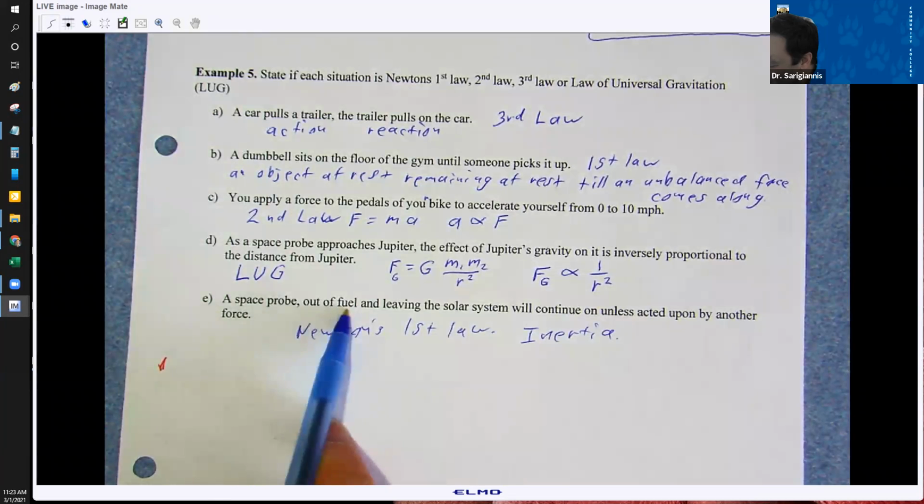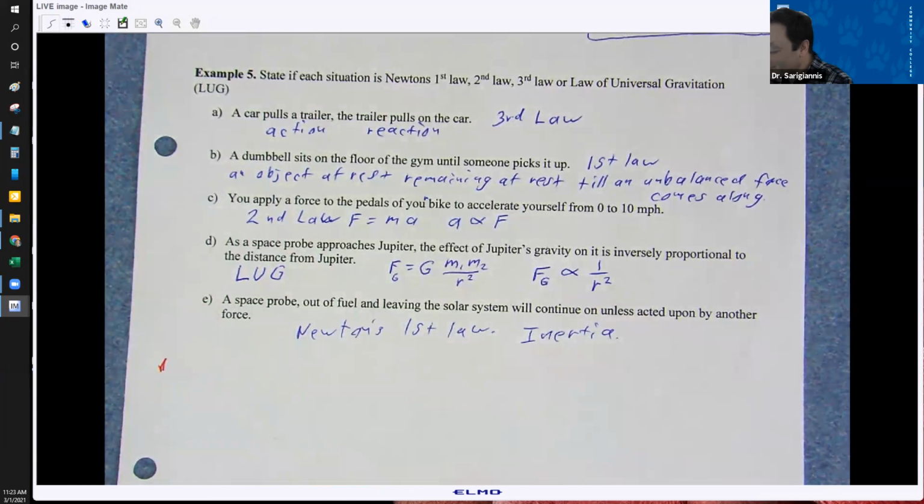And so this was important too. It's out of fuel, so it's just going under its own inertia, right? It's just continuing on. And I think I just realized I can't find the printout for module 6 stuff. Yeah, so I'll print it when I get to it. All right, so this basically wraps up mod 5 with Newton's laws.